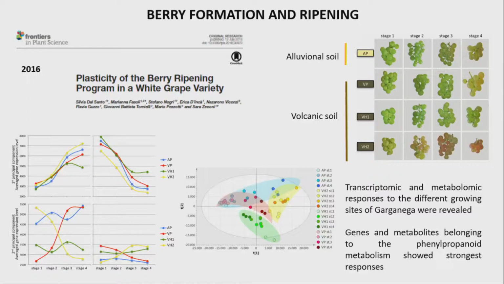Also in that case, we applied transcriptomic and metabolomic approaches. We found that this cultivar can react to the different growing conditions in terms of metabolomic and transcriptomic changes, and also that genes and metabolites that belong to the phenylpropanoid metabolism show the strongest responses to these differences.